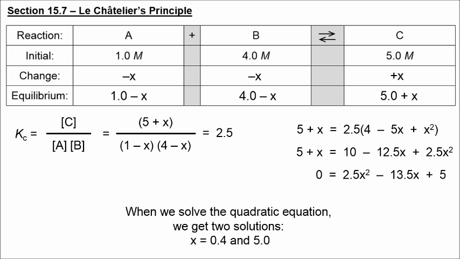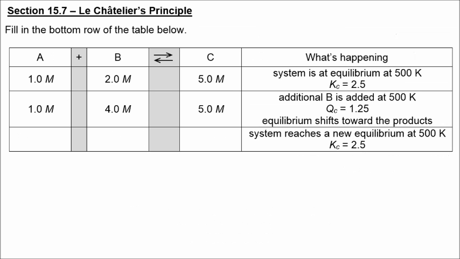We plug in 0.4 and we get 1 minus 0.4, which is 0.6, 4 minus 0.4, which is 3.6, and we get 5 plus 0.4, which is 5.4. So now we know the concentration of A, B, and C at equilibrium after the shift has occurred, after we added additional B to shift the equilibrium from left to right.